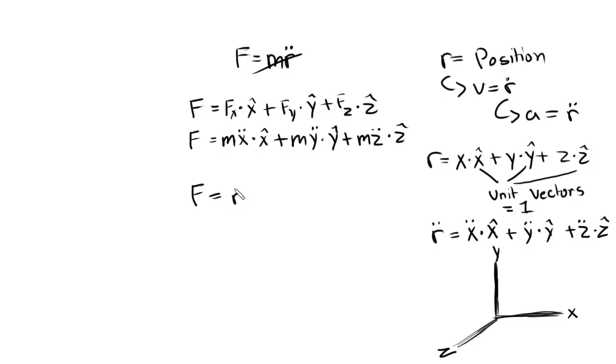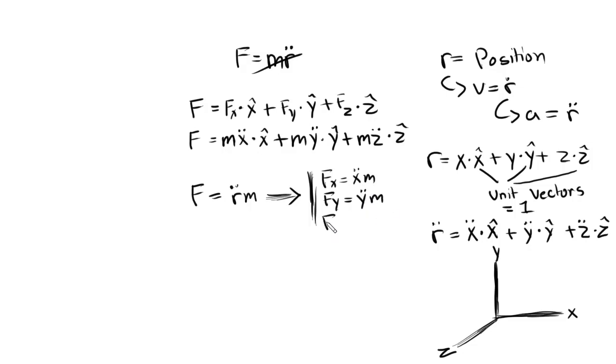What this tells us is that force equal to mass times the second derivative of position can be comprised of three equations. Force in the x direction is equal to the second derivative of x times mass. Force in the y direction is equal to the second derivative of position in the y direction times mass.